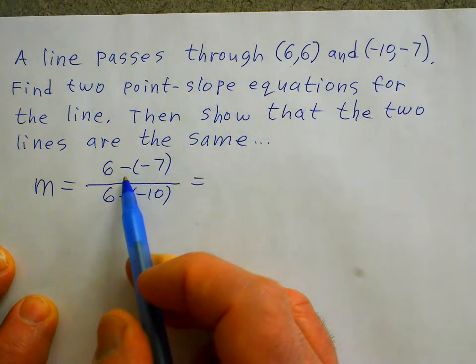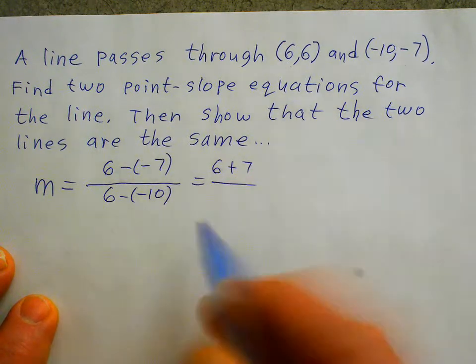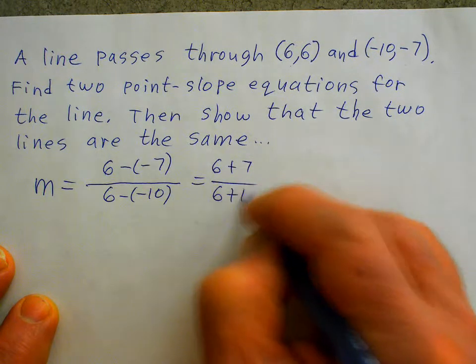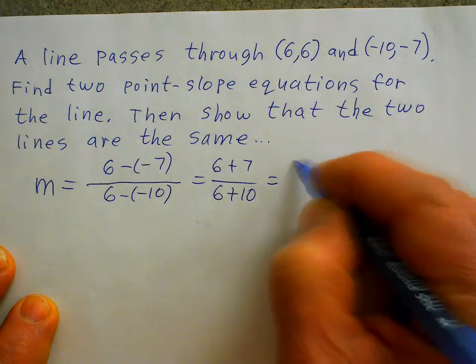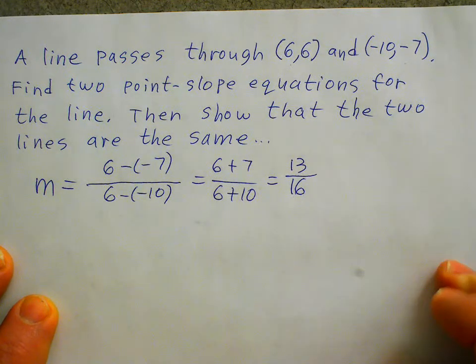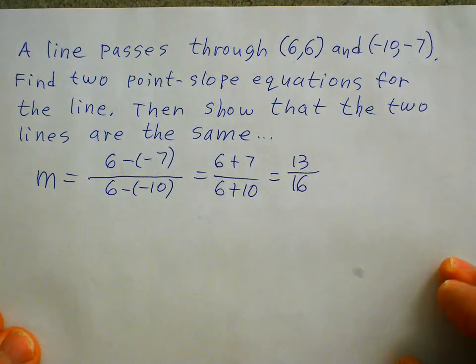In the numerator, 6 minus -7 is 6 plus 7. In the denominator, 6 minus -10 is 6 plus 10. And so the slope is 13 over 16. Are we all in agreement?